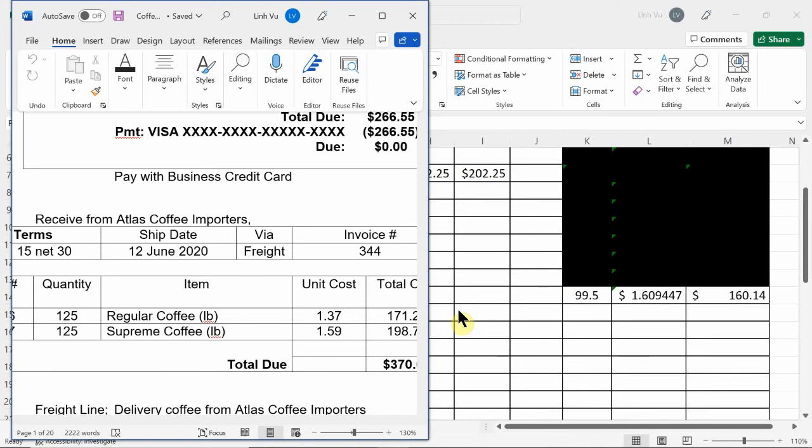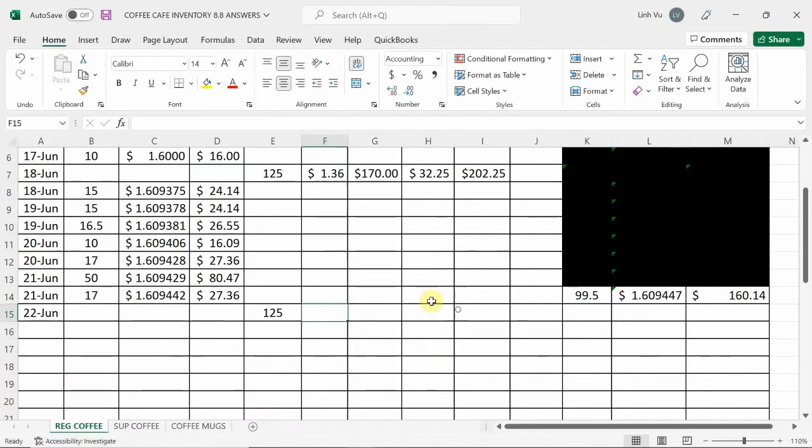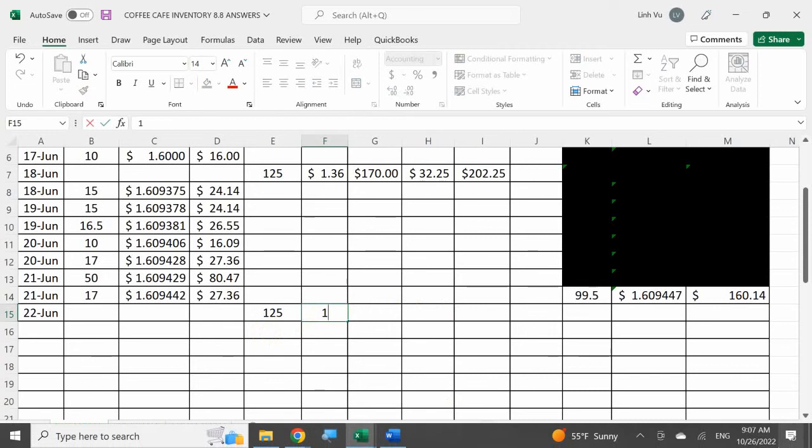No. How much did we buy it for? $1.37 per pound. So that will give you your 171.25.